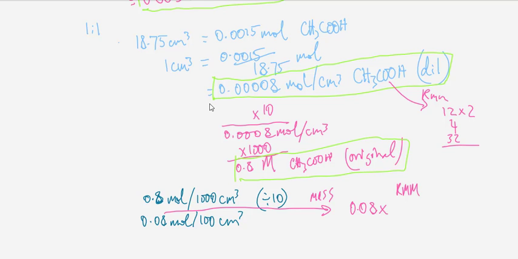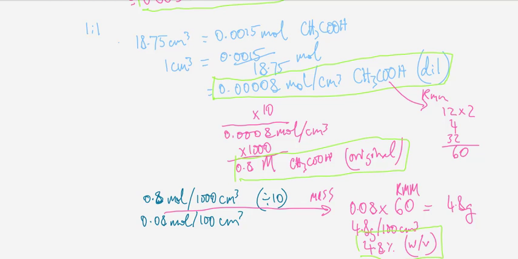Add them together and we get 60, so it's by 60, and that equals 4.8 grams. So therefore there's 4.8 grams in 100 centimeters cubed. Therefore that can be written as 4.8% weight per volume. That's my answer there. I'll box that off.